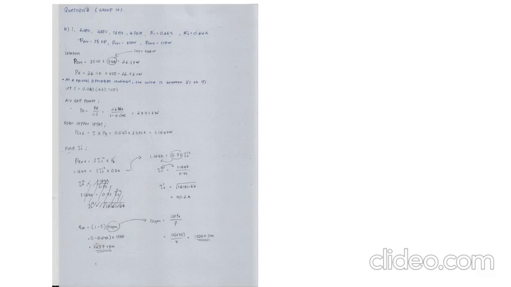So we just change the value to the right and left. The last answer is 1.164k equals 0.72 I squared.